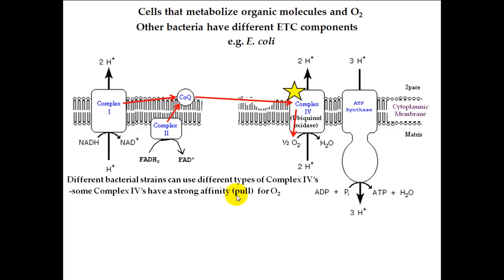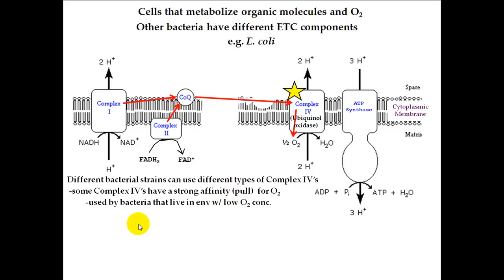And E. coli would use this complex 4 when it is living in an environment where oxygen is lacking. So if E. coli is living in an environment where there's a really low concentration of oxygen, then it would make sense for it to use a complex 4 that's really good at pulling oxygen towards it, right? It would want to give itself a better chance of attracting what little oxygen there is in the environment.